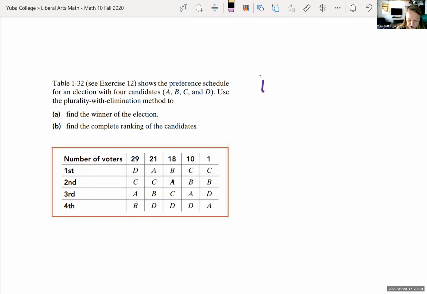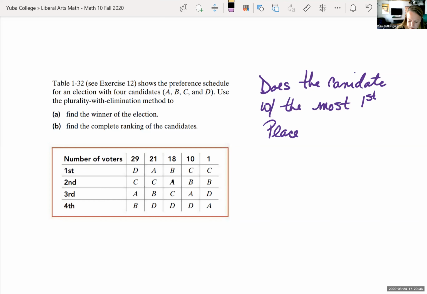Okay, so we need to ask ourselves, does the candidate with the most first place votes win by majority? If they won by majority, they're the winner. We don't have to go through with this elimination process.